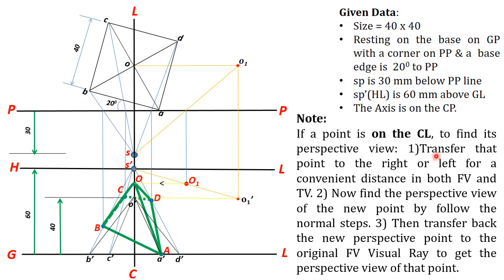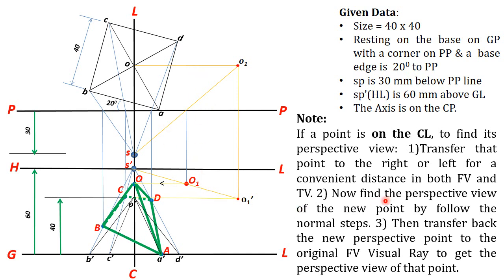Okay, transfer that point to the right or left for a convenient distance by drawing parallel lines to PP in both front view and top view. That are these lines. In this problem, this is a point which is lying on the central plane, so transfer this towards right or left, okay, to a convenient distance by drawing parallel lines in both front view and top view.